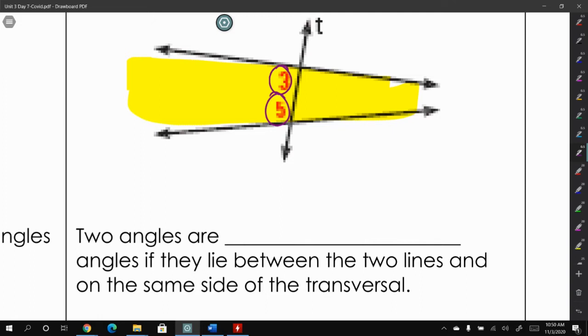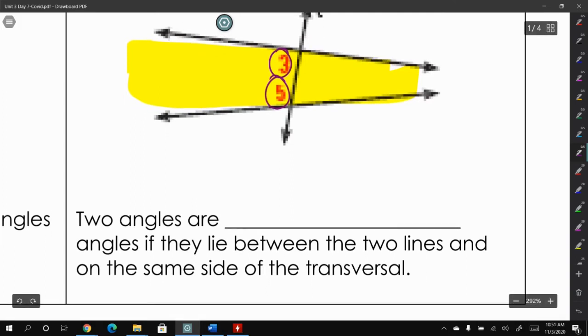That's what the picture looks like. But the more common, or more generally accepted, term is consecutive angles. So these are consecutive angles. They're on the same side of the transversal. So these angles 3 and 5 are on the left side, and they're on the interior.